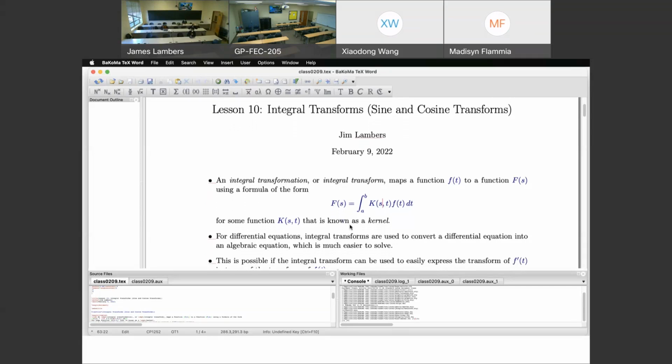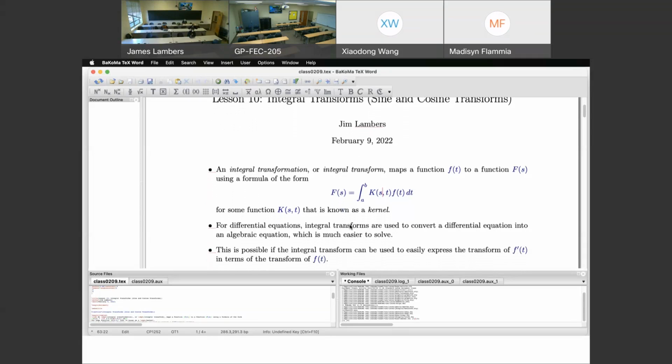Okay. So the usefulness of integral transforms for solving differential equations is you obtain a simpler equation. What you saw in F285 for using a Laplace transform to solve an ordinary differential equation is it transformed the ODE into an algebraic equation.